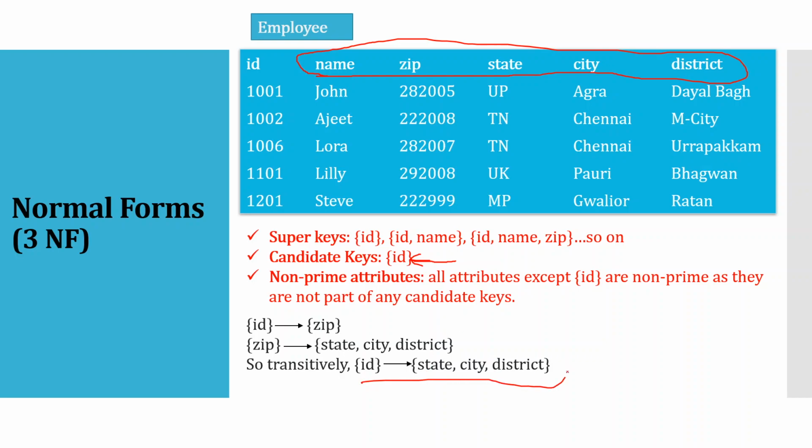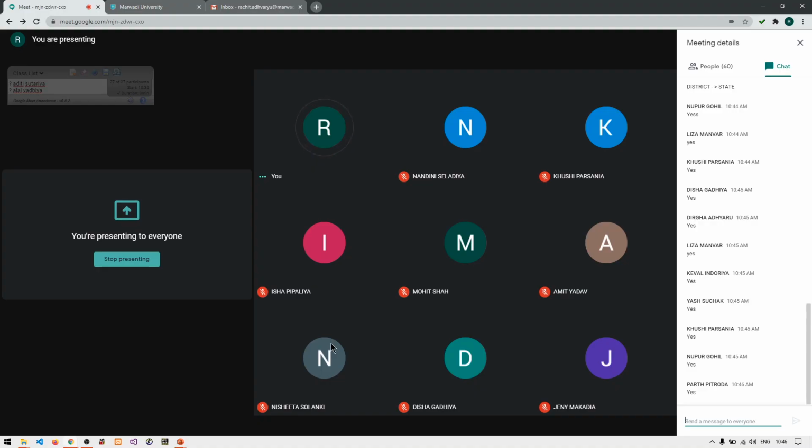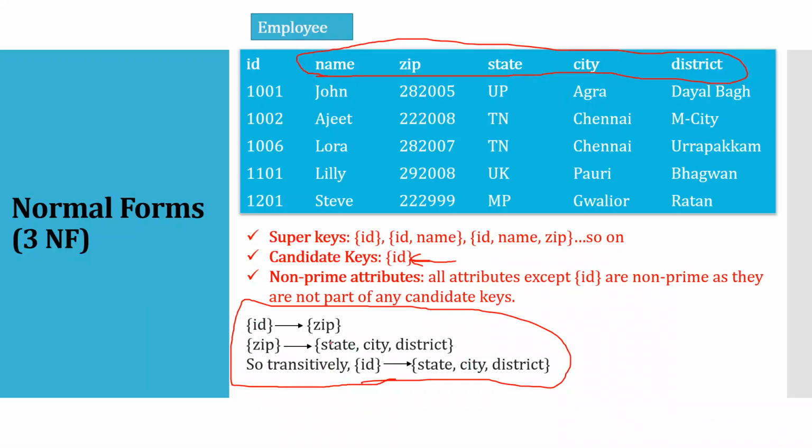So this is your transitive dependency. Is it? Yes or no? This is your transitive dependency. You already gave a few transitive dependencies earlier, but this is what I have taken as an example because I have to make sure that candidate keys and super keys are part of the transitive dependencies. Whatever you have written is just a normal transitive dependency, like state to city, city to district, then state to district.